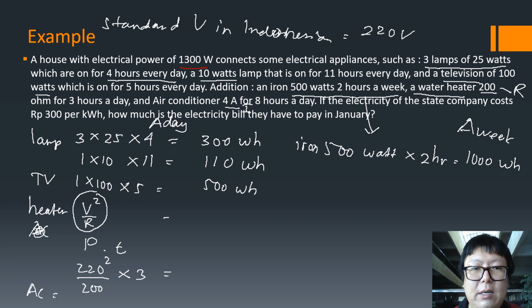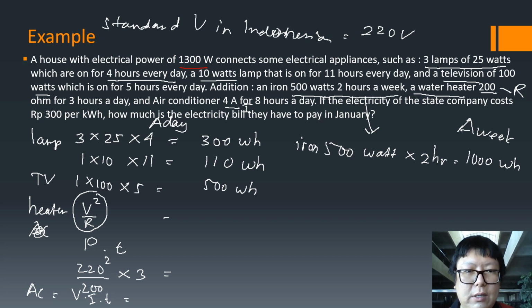And the AC. If the AC, okay, the I is given here. So you can count it by using V times I, right? So you can use V times I times T. So the V, use the standard voltage, 220, times the I, which is 4, times 8 hours.